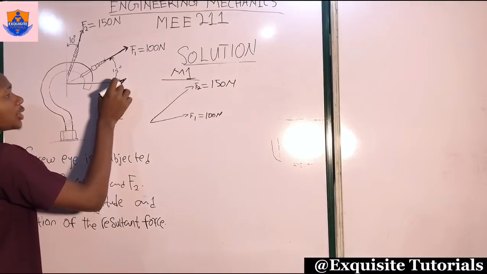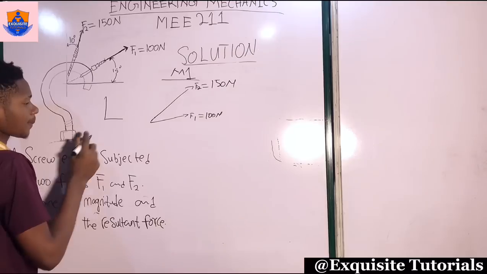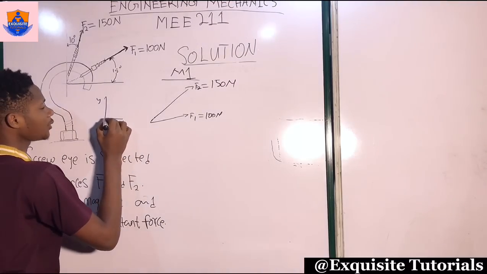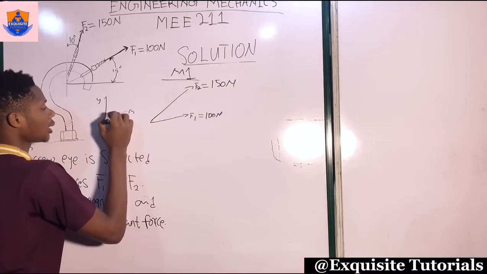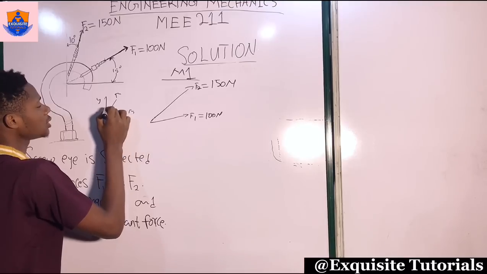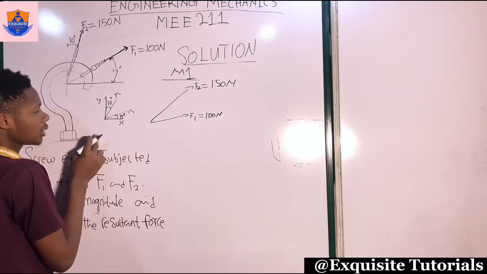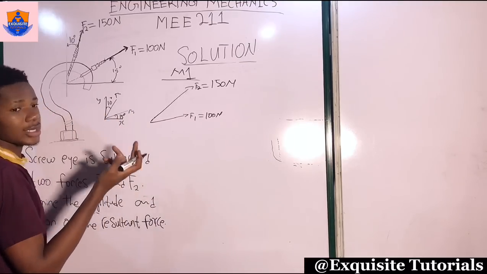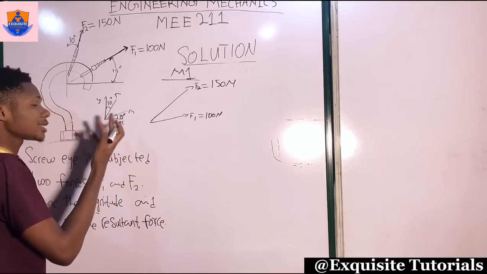So assuming here to be x and this point to be y, I'll call here x and I'll call here y. Then we're having F1 and then we're having F2. Now the angle here is 15 degrees. The angle here is 10 degrees. Since these two components are perpendicular, it means the net angle between them is 90 degrees.